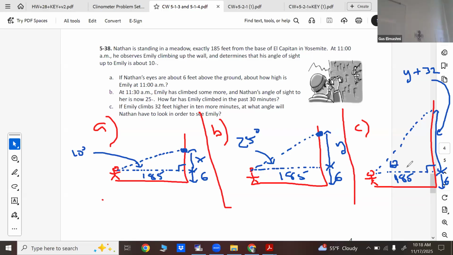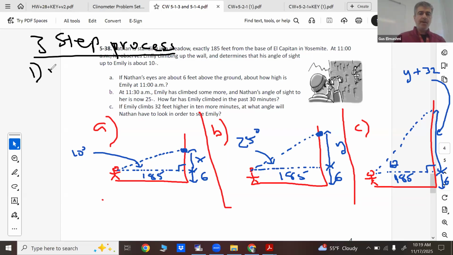That's part C, so we have to figure out the angle. Now we have to set up some equations. So draw, set up equations, solve. It's a 3-step process. Draw.